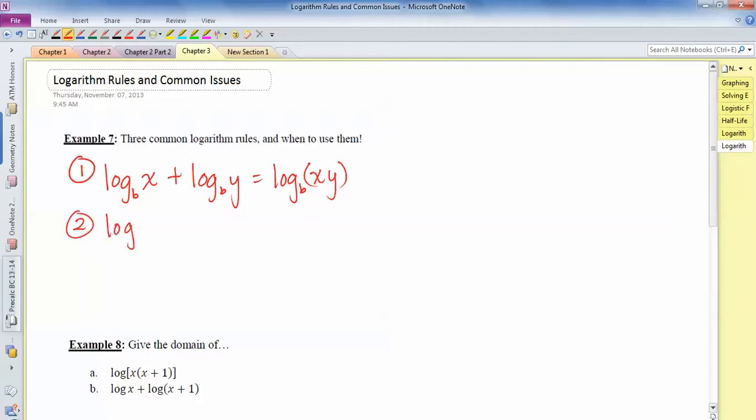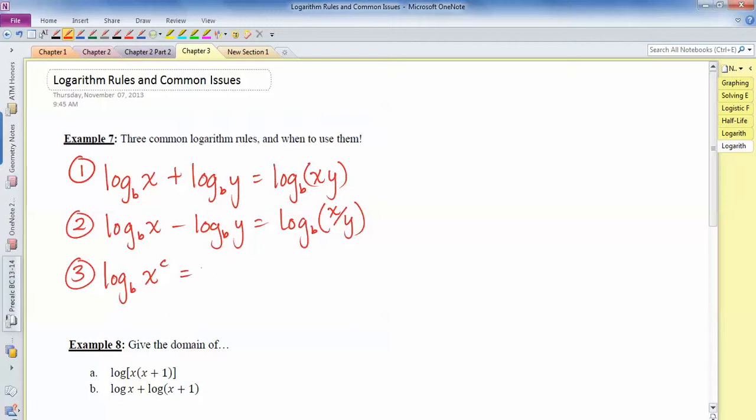If you have a minus instead of a plus, then that's like dividing x over y. And then the third rule is if you have log base b of x to some power, then that's the same thing as bringing that power down in front. And that rule we use quite a bit.